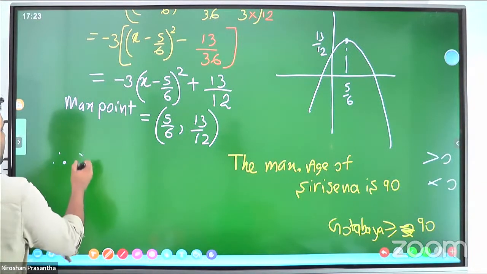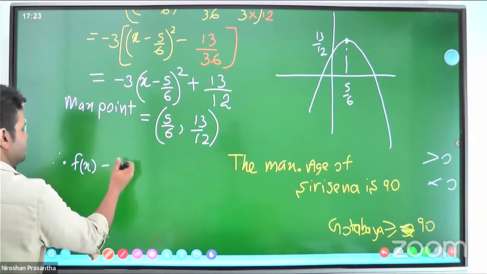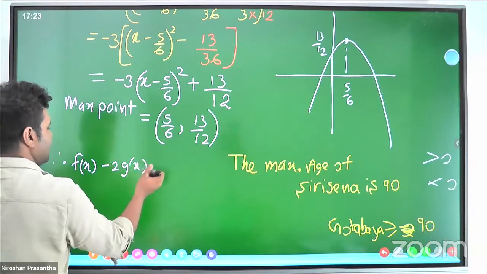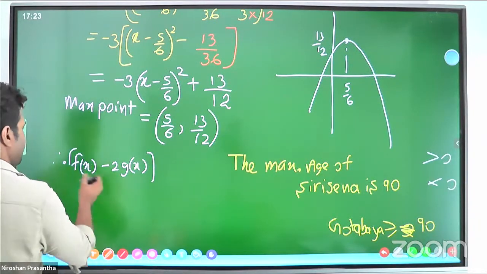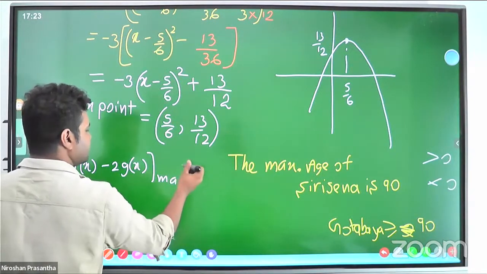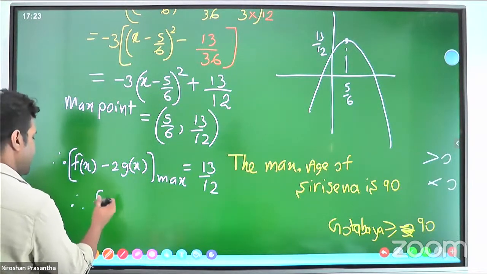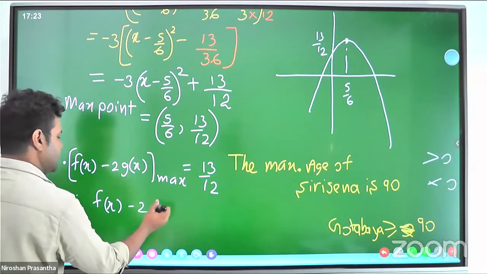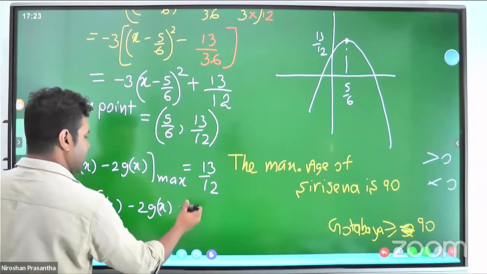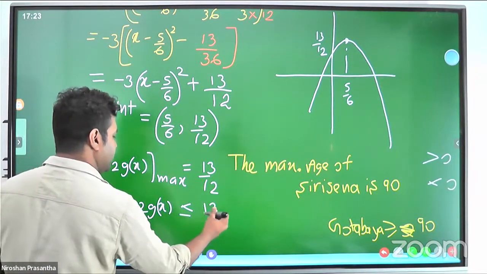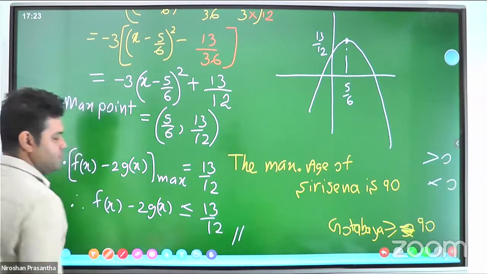Therefore, f(x) minus 2g(x), the max is 13 over 12. Therefore, f(x) minus 2g(x) is less than or equal to 13 over 12. That is how we must write a maximum.